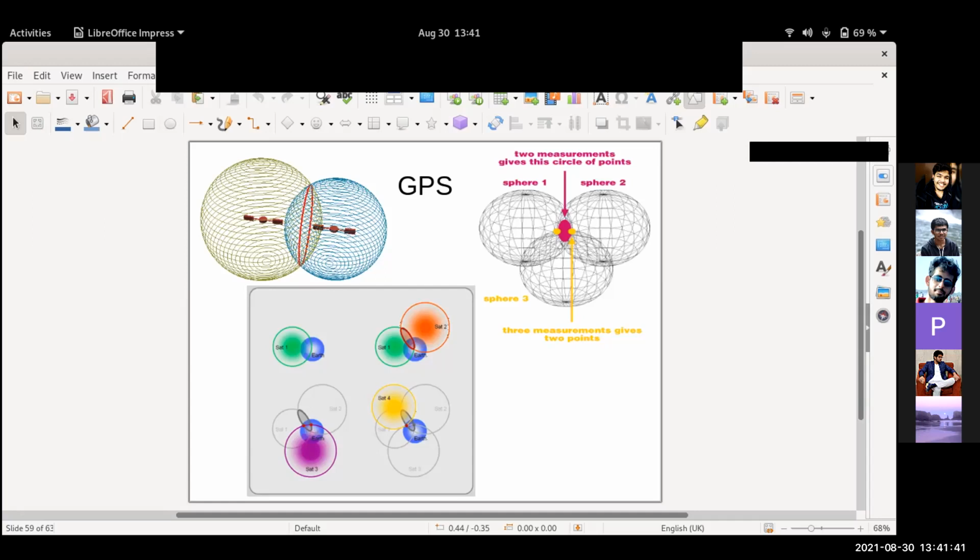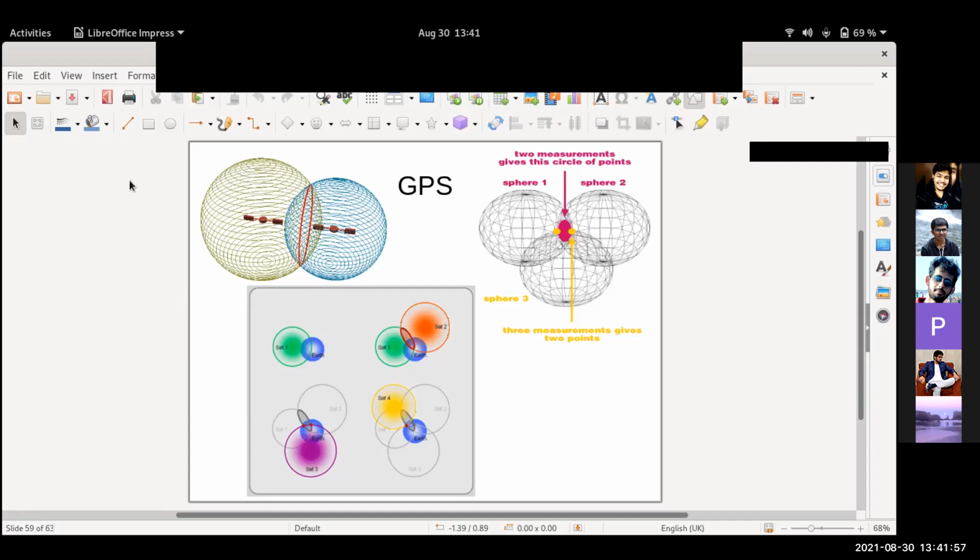Therefore, what will happen is your replica clock will be drifting. So the difference between your replica clock and the satellite clock is what is usually computed in the navigation algorithm. So when we write down the equation, that part will become clear.